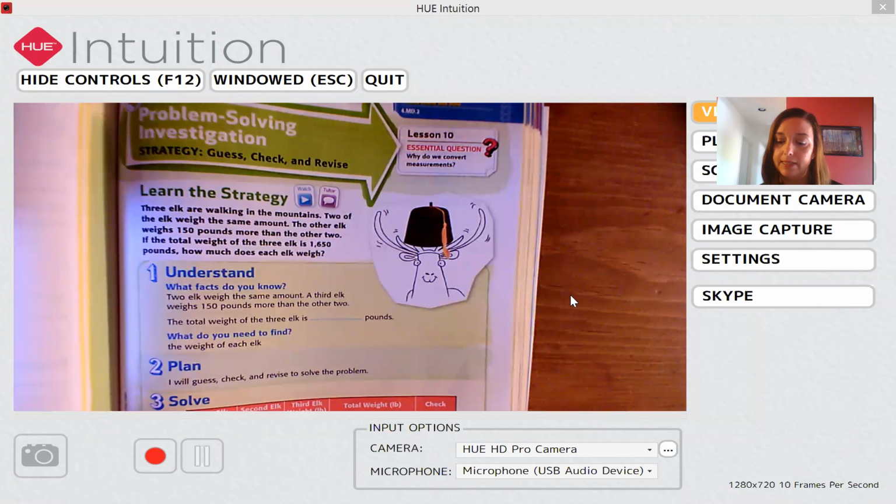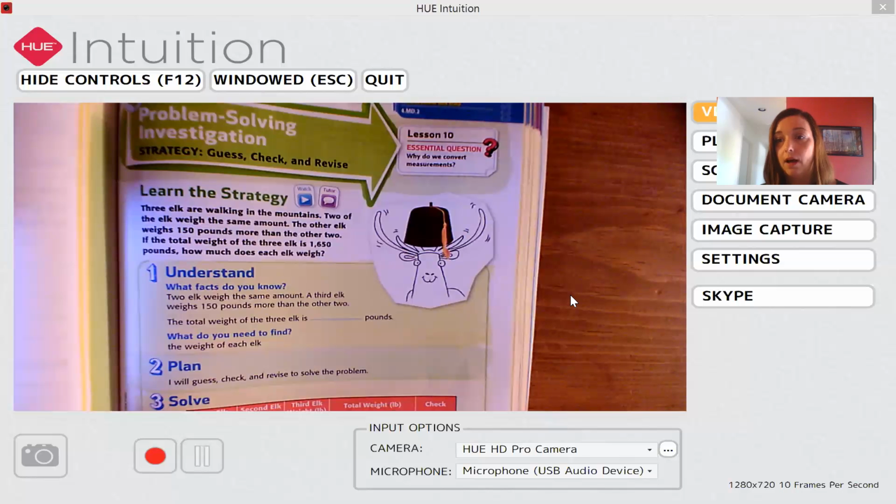And today we're going to be working on a problem-solving investigation using pages 755 to 758 in our My Math books. So boys and girls, today we're going to be using a strategy called guess, check, and revise.